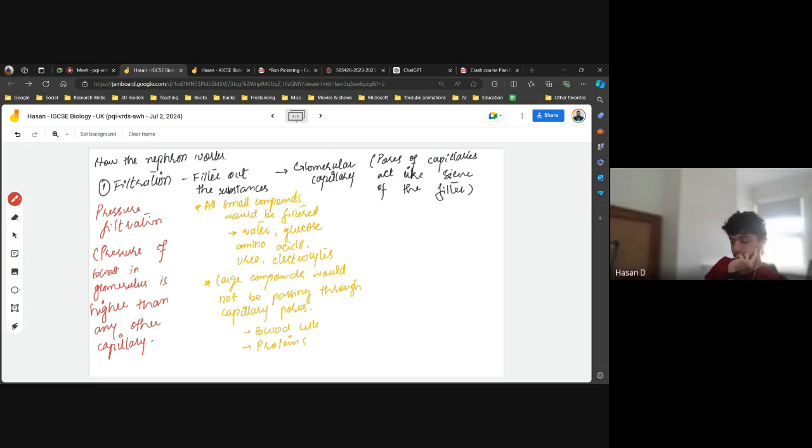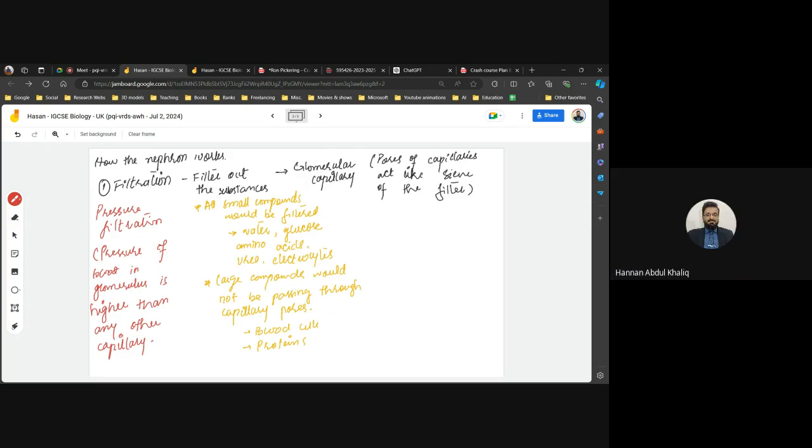Yeah. Okay. Now, this is the first thing, and it basically happens in the glomerulus. This is the Bowman's capsule, and the capillaries that are present in here, these capillaries. There are arteries.